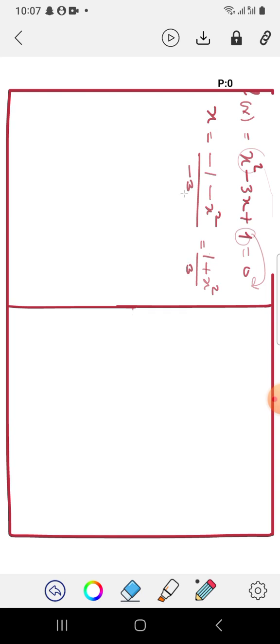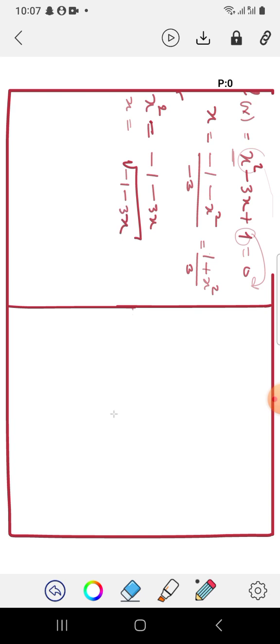That's the first one. The second one is, why don't we consider the square? Let me start with x squared. x squared equals minus 1 minus 3x, which means that x itself becoming the subject of the formula will be the square root of minus 1 minus 3x.